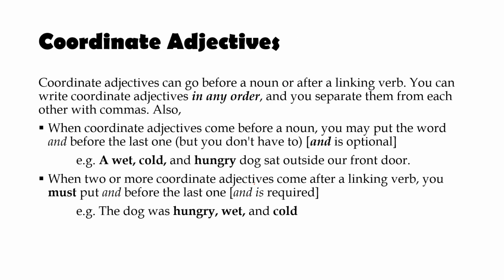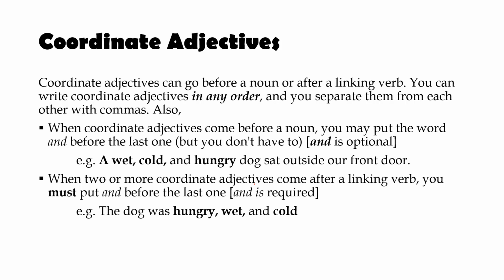Now we come to coordinate adjectives. Coordinate adjectives can go before a noun or after a linking verb. You can write coordinate adjectives in any order, so there is no specific order, and you can separate them from each other with commas. Also, when coordinate adjectives come before a noun, you may put the word "and" before the last one, but you do not have to.